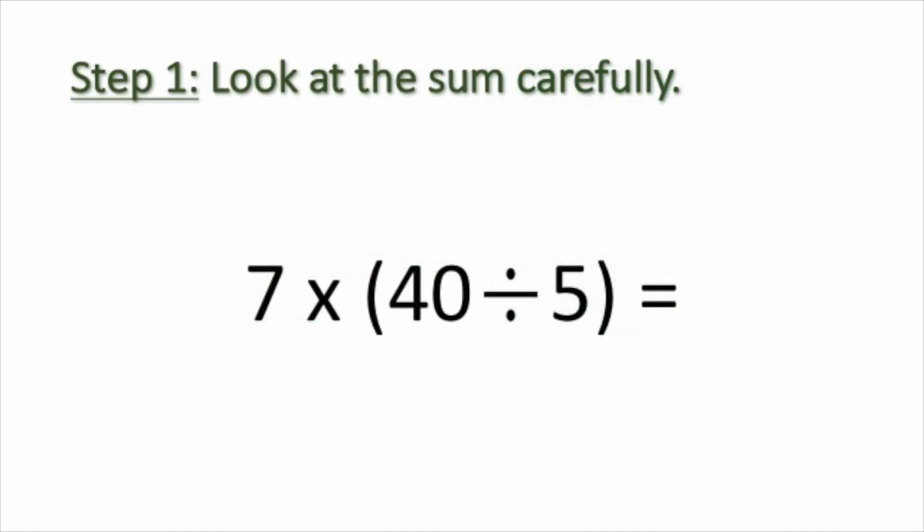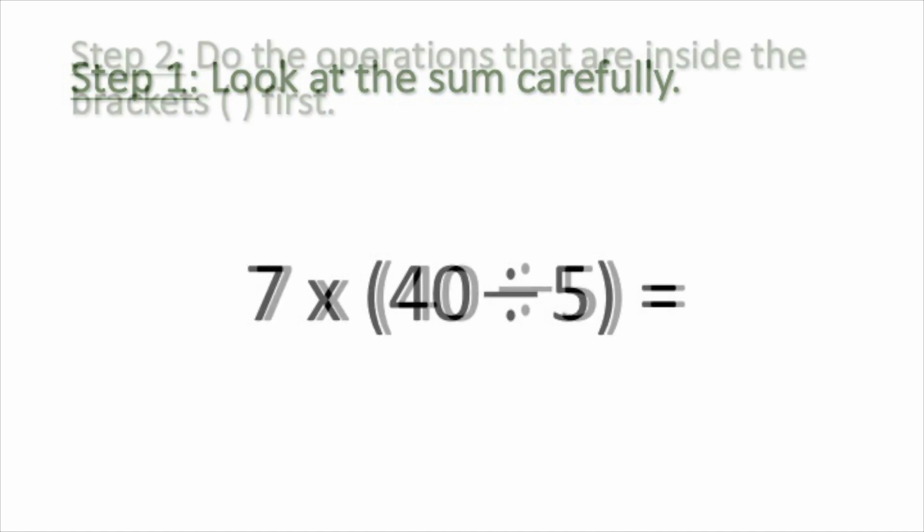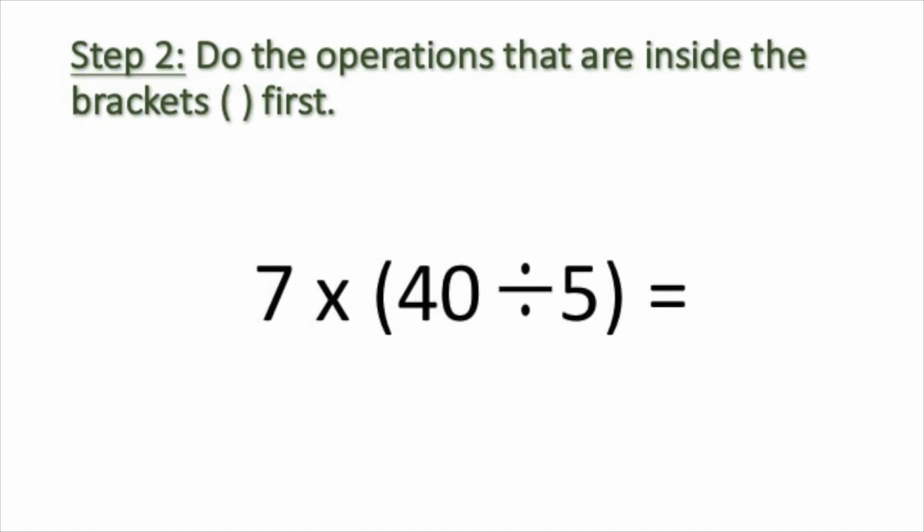So first one, step one. Look at the sum carefully. So let's read it together, guys. 7 times 40 divided by 5 equals. So, step 2, do the operations that are inside the brackets first.